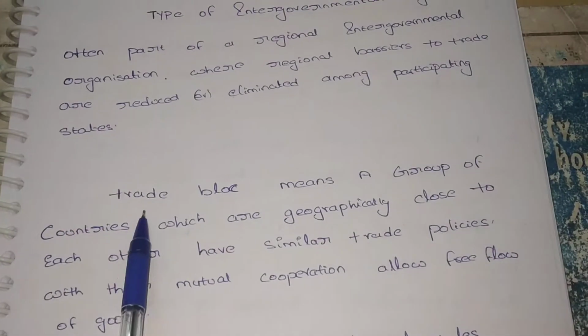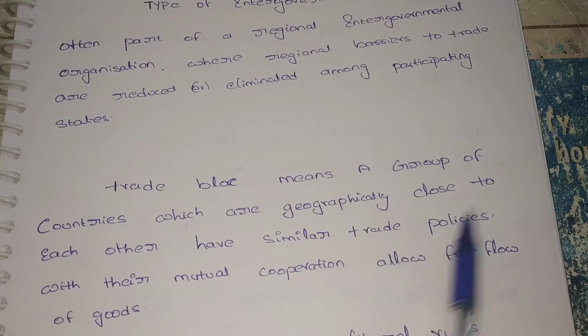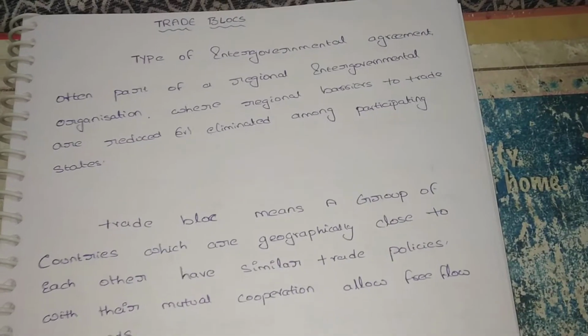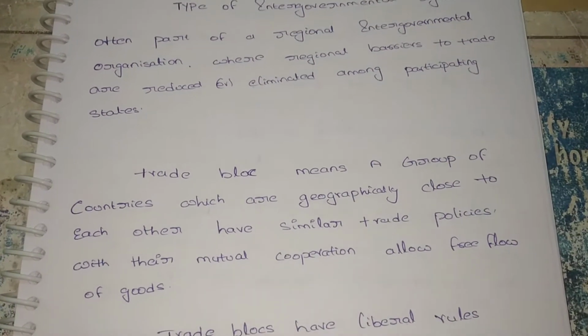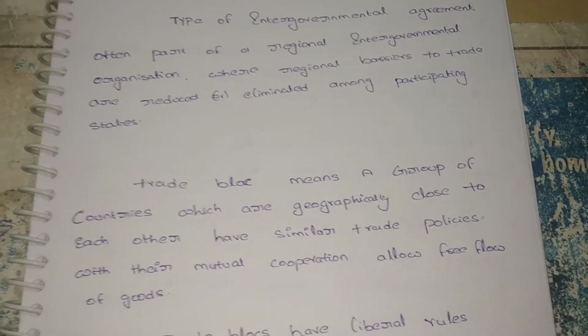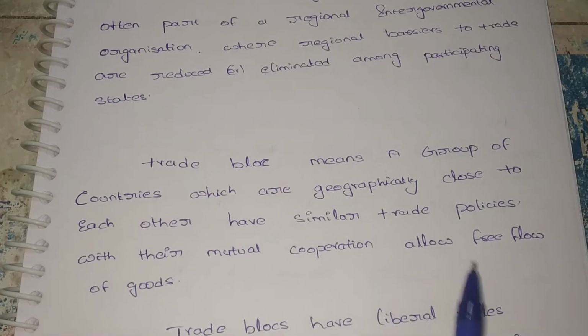A trade bloc means a group of countries which are geographically close, very close to each other in geographical location, and have similar trade policies. Every country has different trade policies, so countries with similar trade policies, through their mutual cooperation, allow free flow of goods.